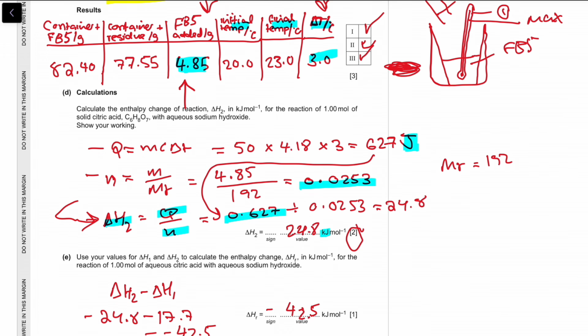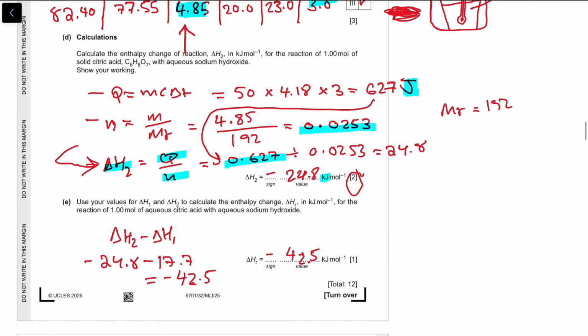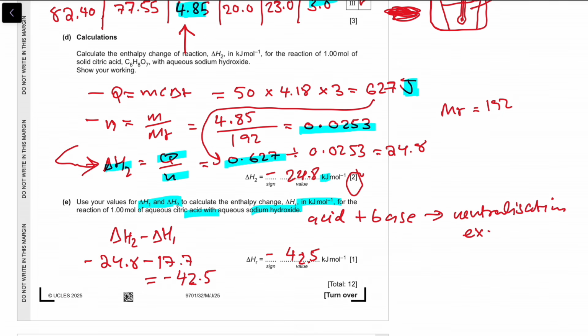Well, take a look. Has the temperature risen or has the temperature fallen? It's risen. That means there's heat energy released to surroundings, so it must be an exothermic reaction and have a negative sign. Now here it says to use the 2 enthalpy change values to find the value for the enthalpy change between citric acid and sodium hydroxide. Acid plus base is equivalent to a neutralization reaction, which is going to be exothermic.